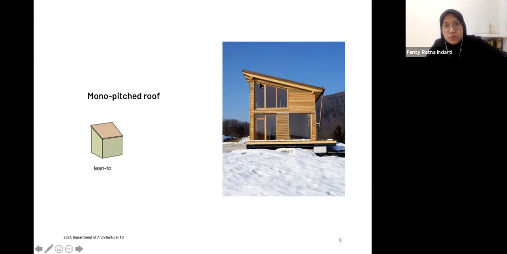Unless you try to create another space that is inhabitable in those areas, then it's fine. But if you are just trying to deliver a roof and it's only mono pitch roof for a very wide building, then it wouldn't be efficient enough.